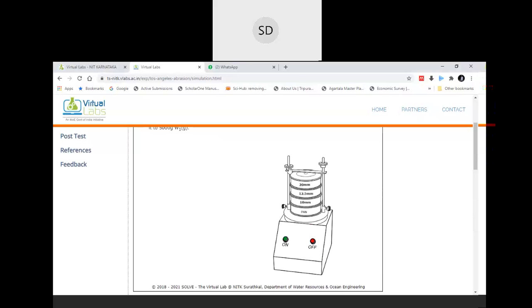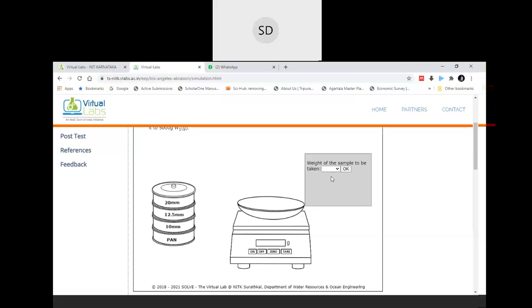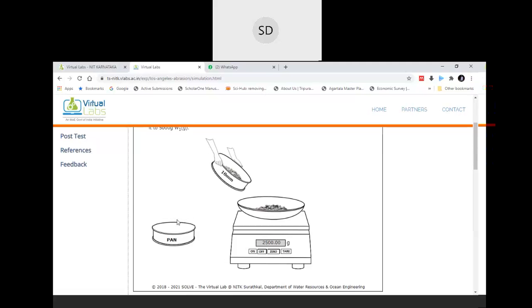Unclamp this. About 5000 gram, that is the weight of the sample which we need to take. So that should be your 5000 gram.